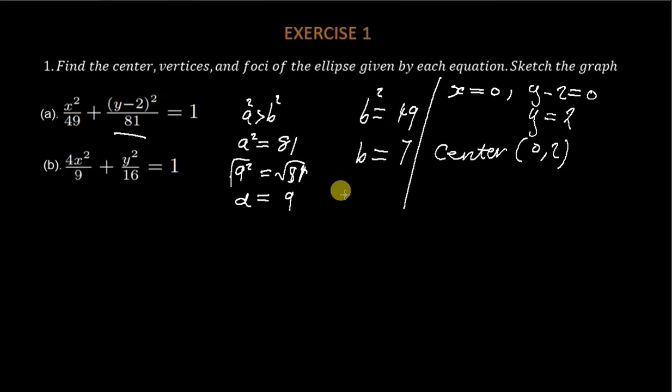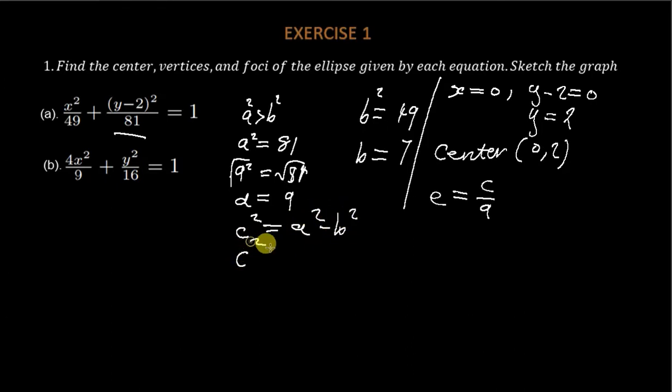From there we can now find the eccentricity. How do you find eccentricity? Eccentricity is given by C over A. Do we have C? No, we don't, so we find C using this equation: C squared is equal to A squared minus B squared.